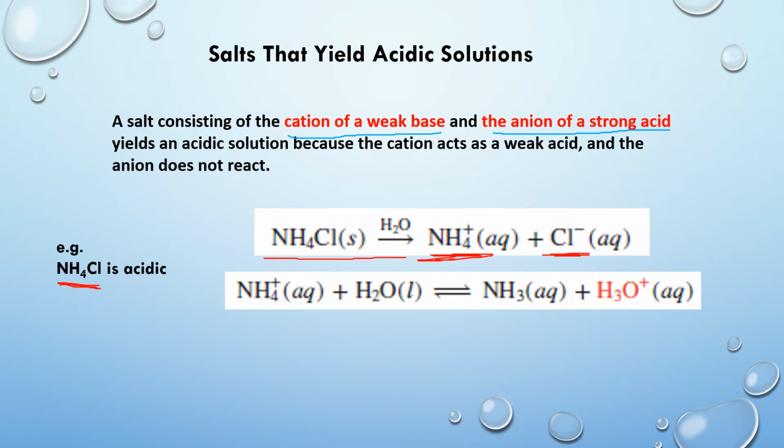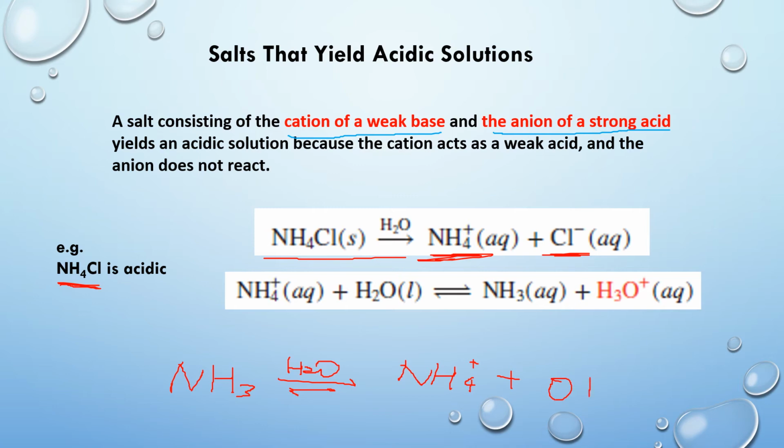We know that this ammonium, NH4 plus, is the conjugate acid of ammonia. When ammonia dissolves in water, it generates this ammonium ion and hydroxide.